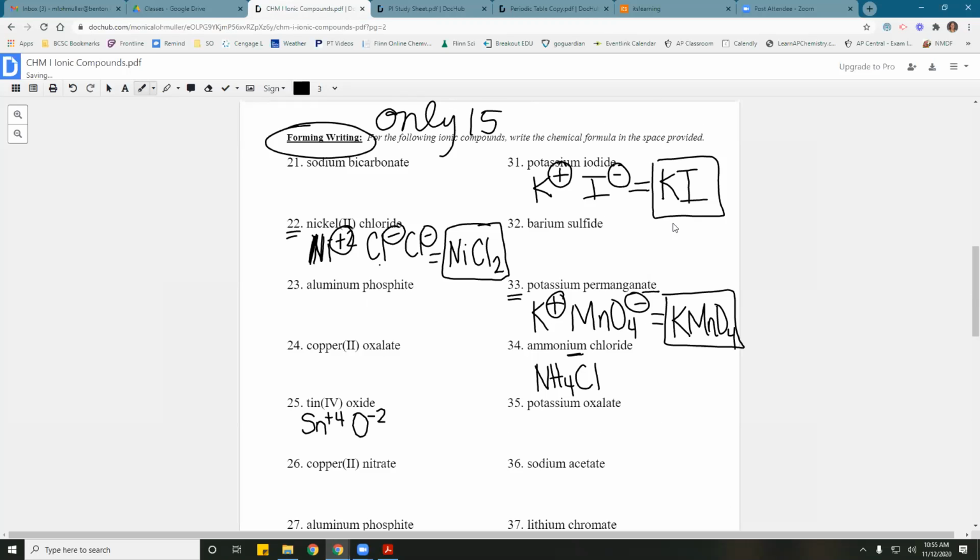So we have to combine the Sn +4 and the O -2, and the charges don't balance. So we would have to double the O -2s, have another one of those, and then that makes an overall negative charge of -4 to balance out the +4 charge. So then that answer will be SnO2.